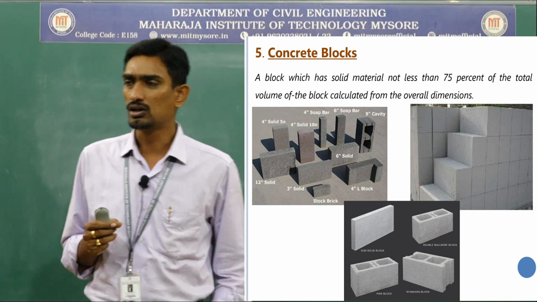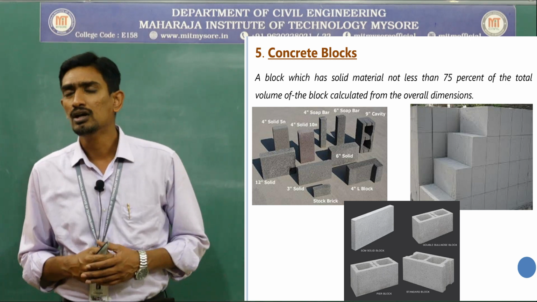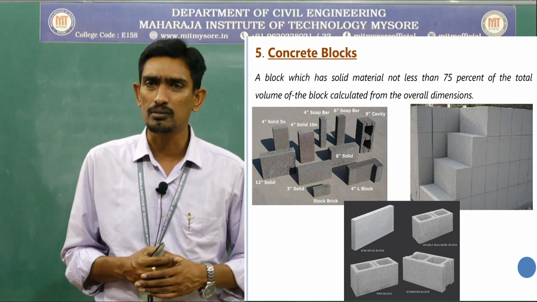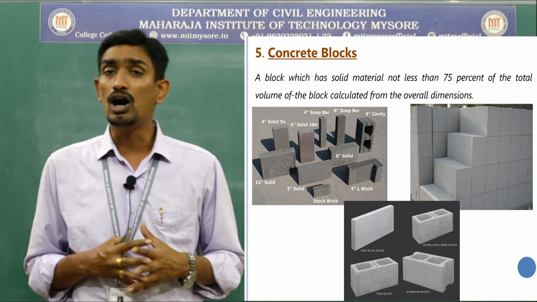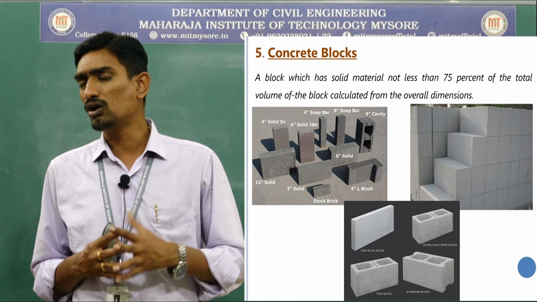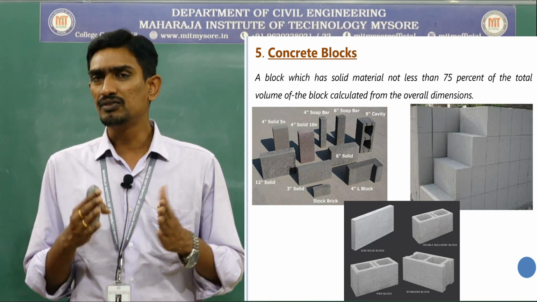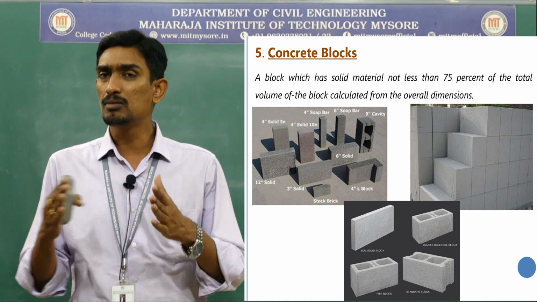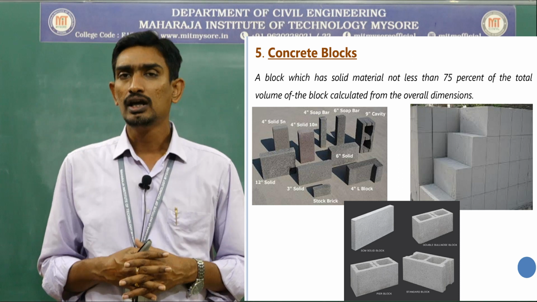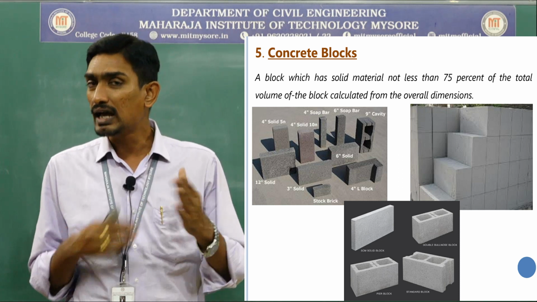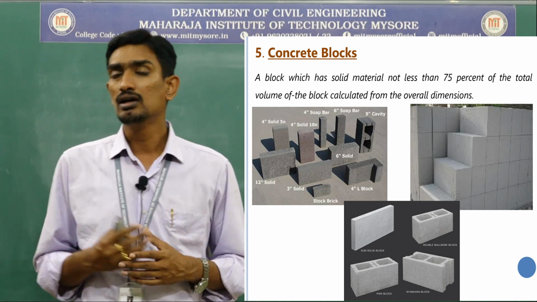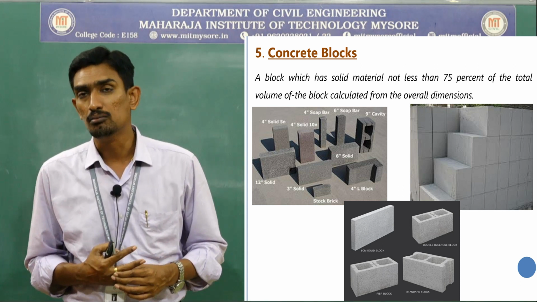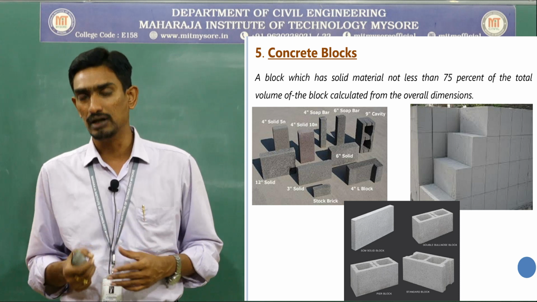You may remember that I defined hollow clay blocks as having 50 to 75% openings. If there is no such opening and more than 75% is solid, then that particular block is called a concrete block. That is what the definition means.